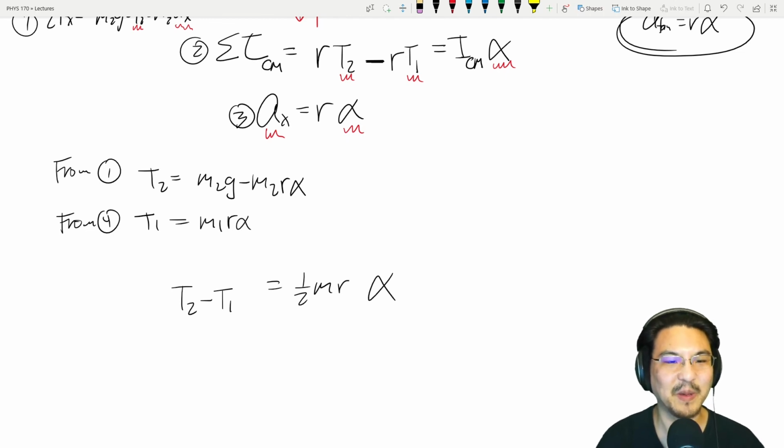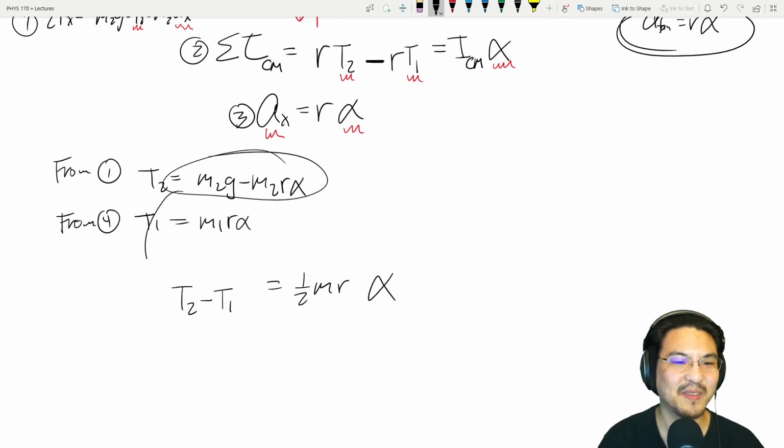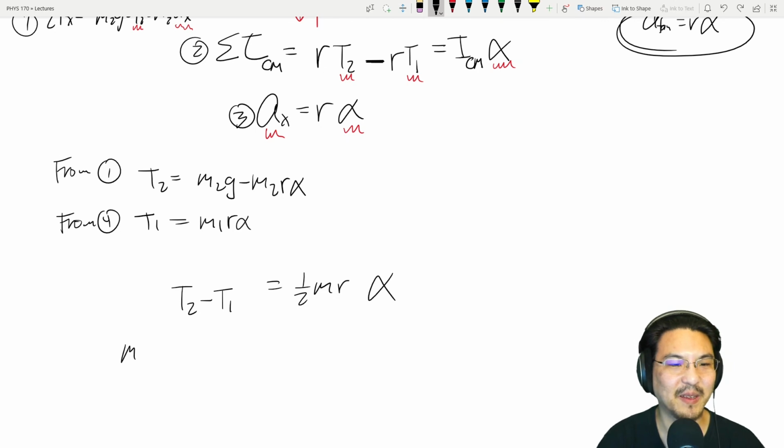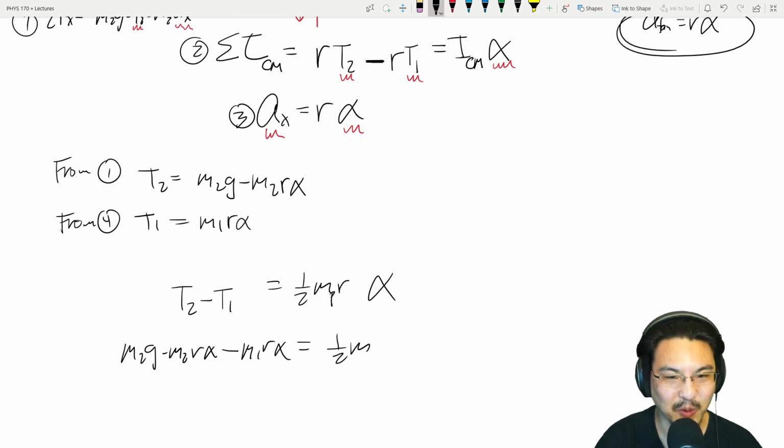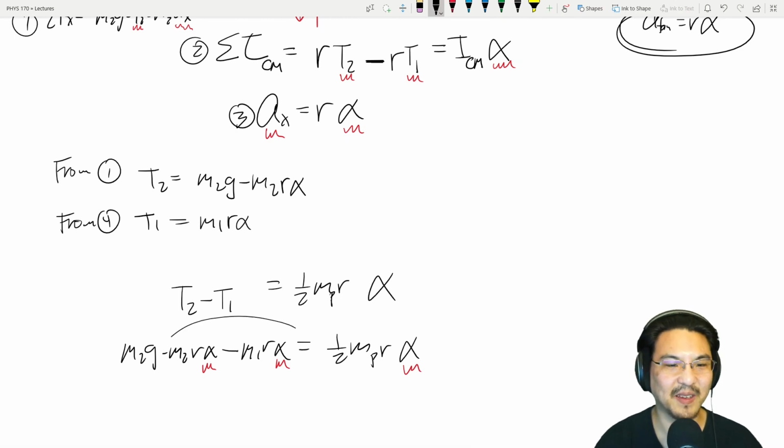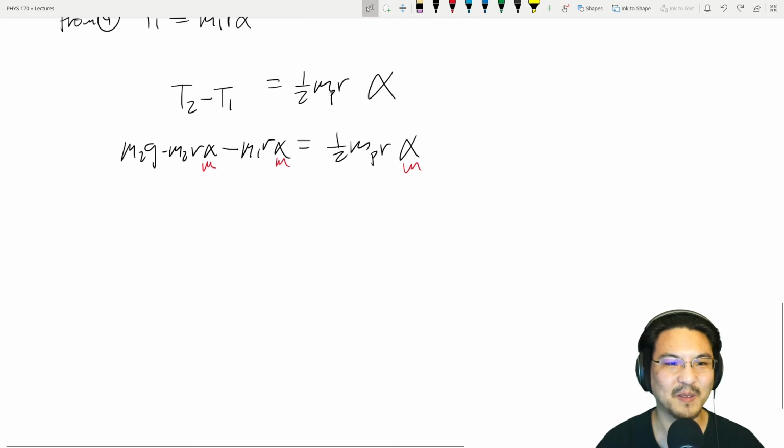So clean that up a little bit. Now I can put this here and put this here. So let me do that. m2g minus m2r alpha minus T1, m1r alpha equals half. Oh, this is for the pulley. R alpha. And what is the unknown? Right here. Right, so then you just take these two, move it on that side, solve for alpha. So I'll just finish that up.